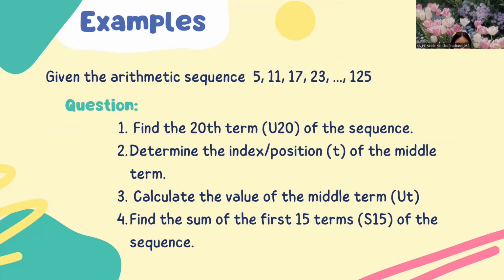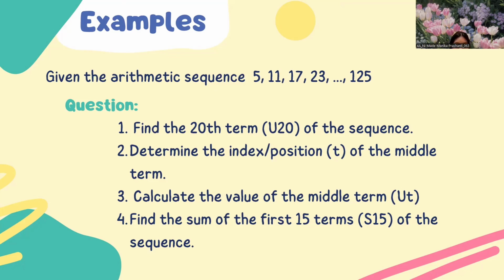Second, determine the index or position t of the middle term. Number 3 is calculate the value of the middle term or ut. Number 4 is find the sum of the first 15 terms of the sequence.